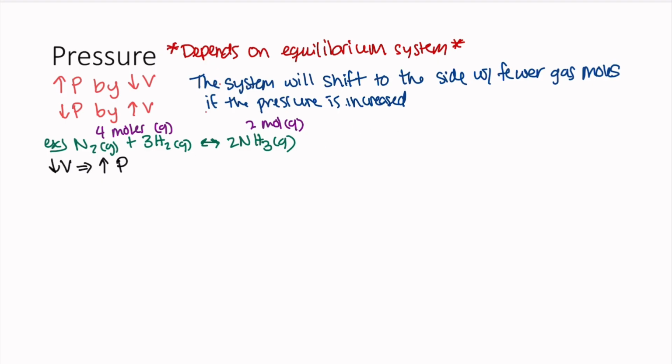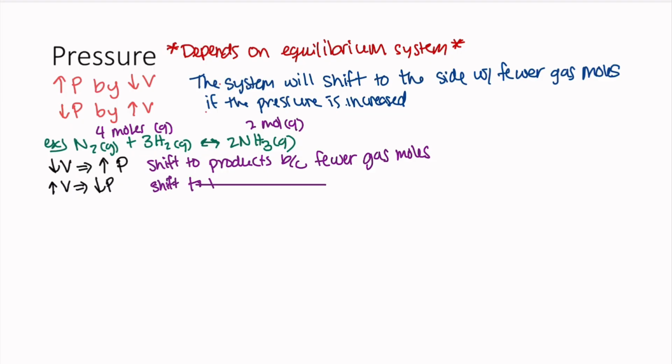So what this means is if I decrease the volume, I'm increasing my pressure, and I should see a shift to the side with fewer gas moles. So in this example, we will see a shift to the products because there are fewer gas moles. Now, if we increase the volume, therefore alleviating the pressure or decreasing the pressure, we would see a shift to the reactants.